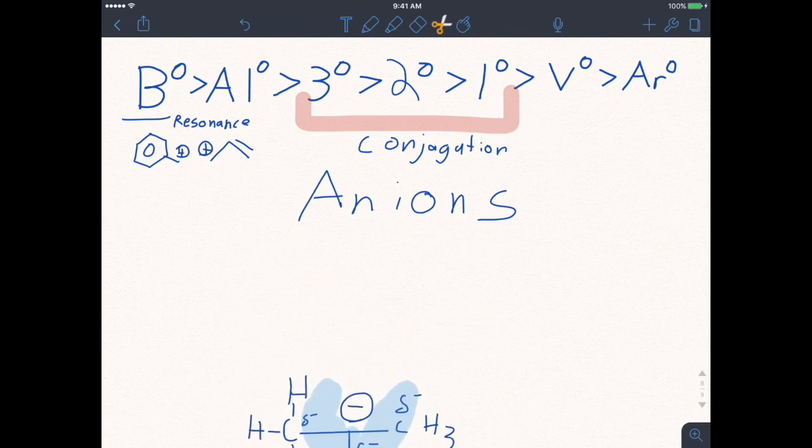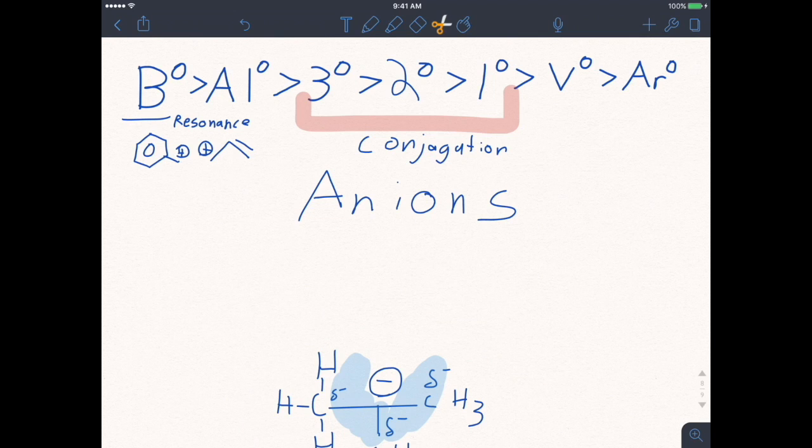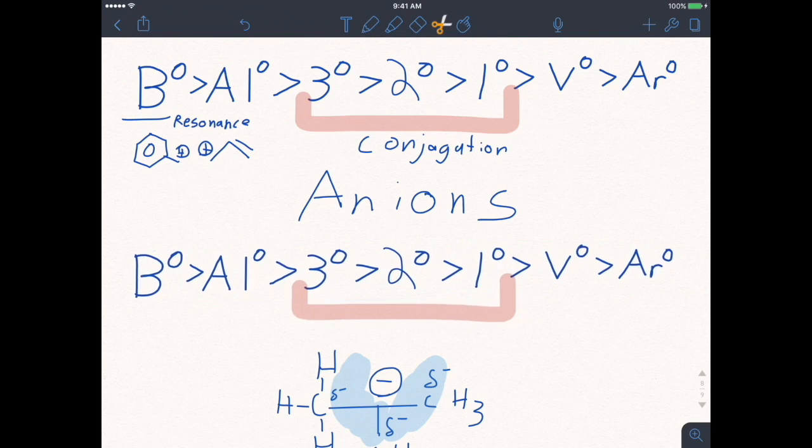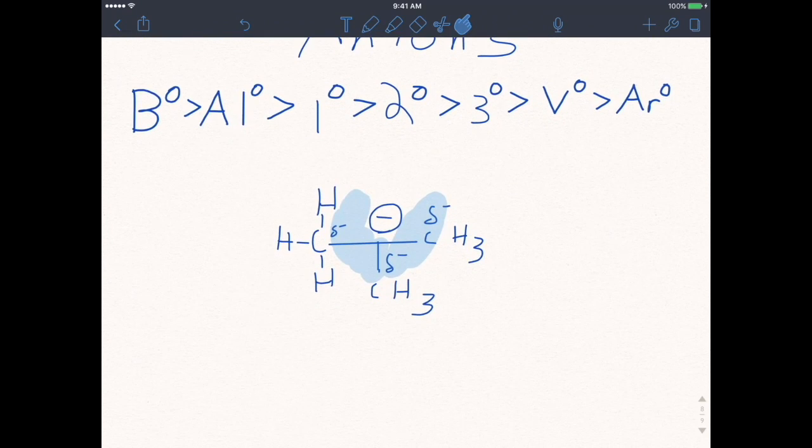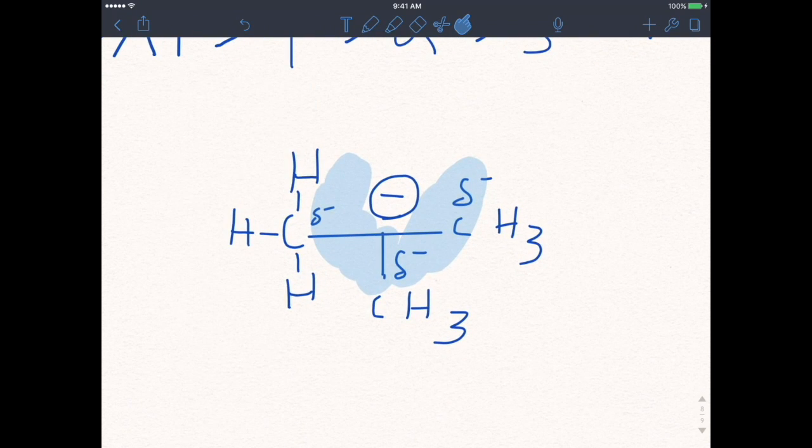So let's redraw our anion stability. And because they're the same basic thing, I'm just going to copy and paste this. The only difference is we switch the 1 and the 3 because we want it to touch the negative charge as little as possible. That's because if we put a negative charge there, they would repel each other.